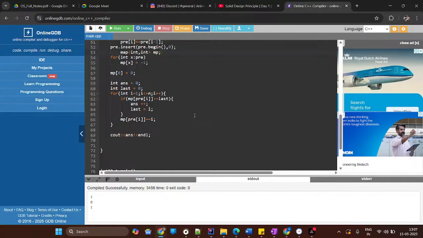It goes to the next, I equals to 2. MP of minus 4 finds minus 1, and it is not greater equal to the last. What's the last? Last I updated, right? So last equals to 1. Yes. So not wrong. Okay, fine. So it just does MP of minus 4 is equals to I, 2. Okay.